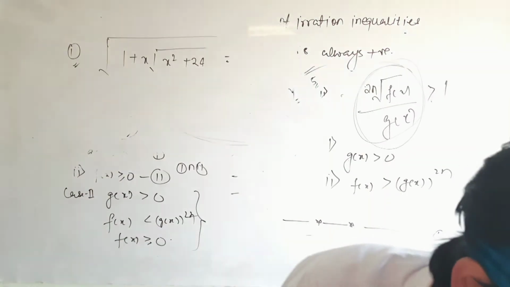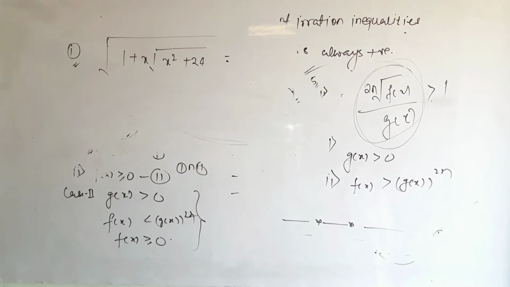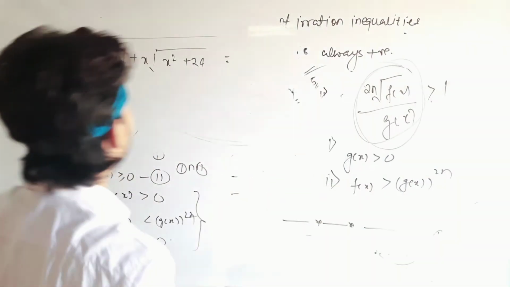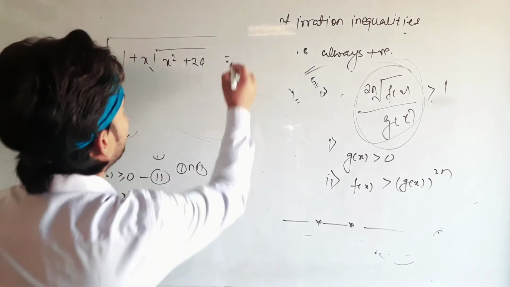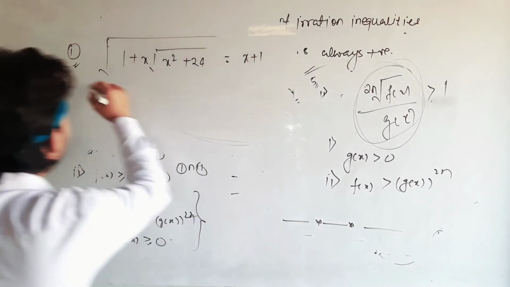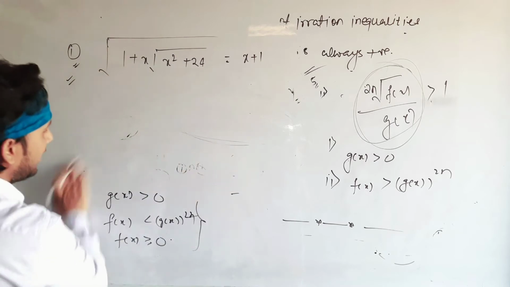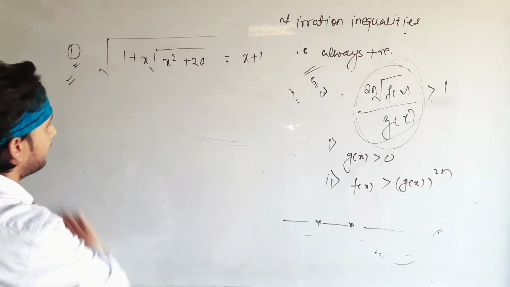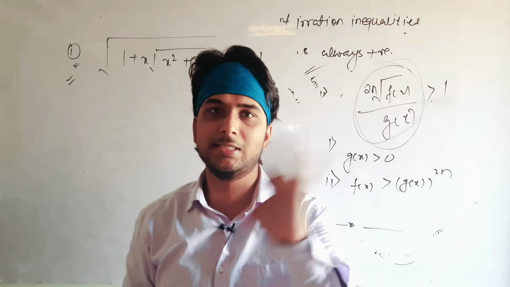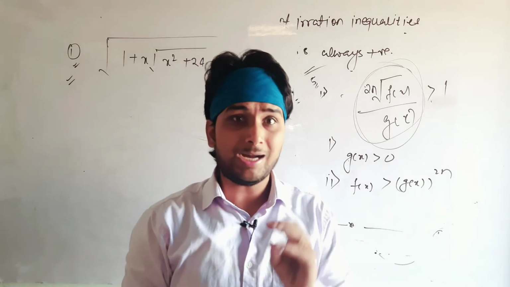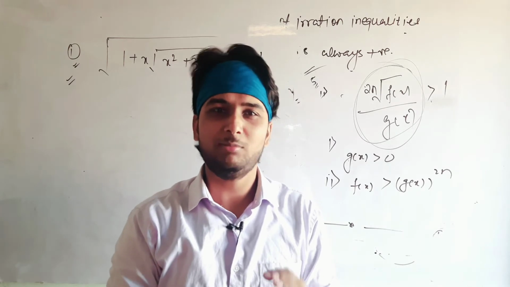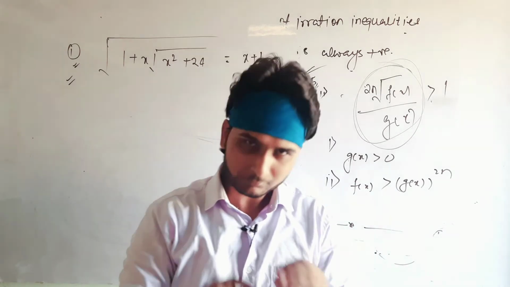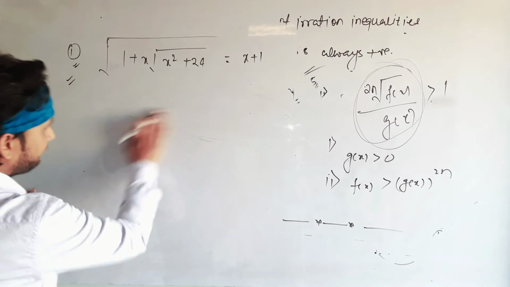The question is: (1 plus x) under root of (x square plus 24) equals x plus 1. I will apply the YB concept number 1, Yamuna Babu concept number 1 of irrational inequality. I am naming it as Yamuna Babu because it is a unique name. You will remember it always.